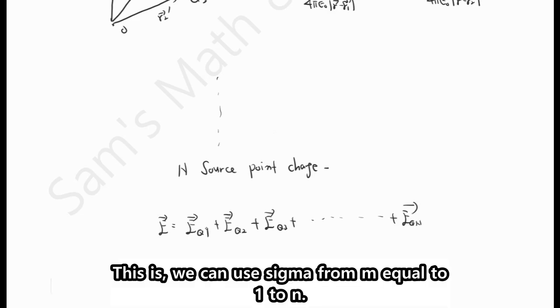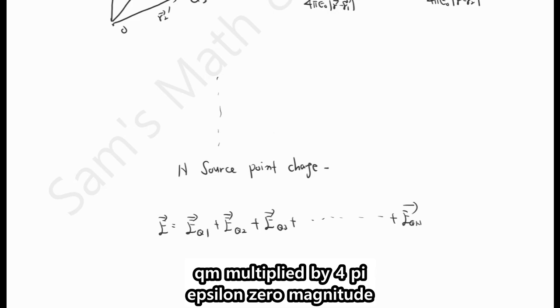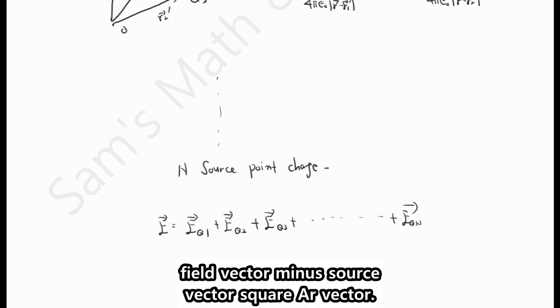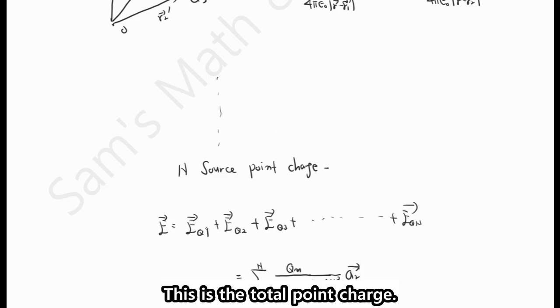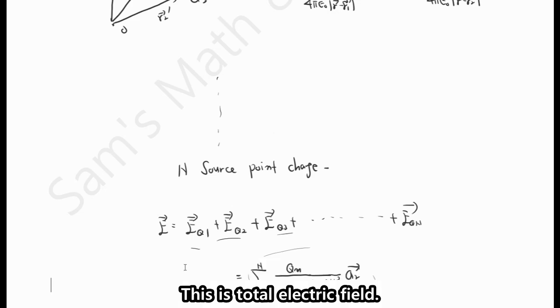We can use a sum from m equals 1 to n of Qm over 4 pi epsilon 0 times the magnitude of field vector minus source vector squared, times the unit vector. The total electric field is the sum of the electric field from each source.